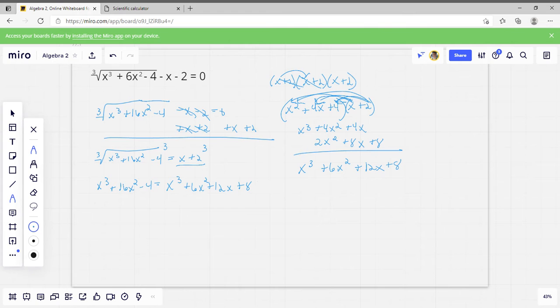Okay, so now you'll notice that if I subtract x to the third on both sides, that's going to cancel on both sides, and that's good. I want it to do that. Okay, now I've got minus 6x squared, so I can do that over here.